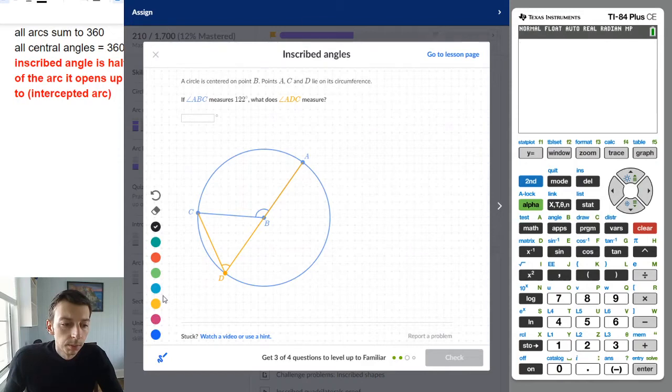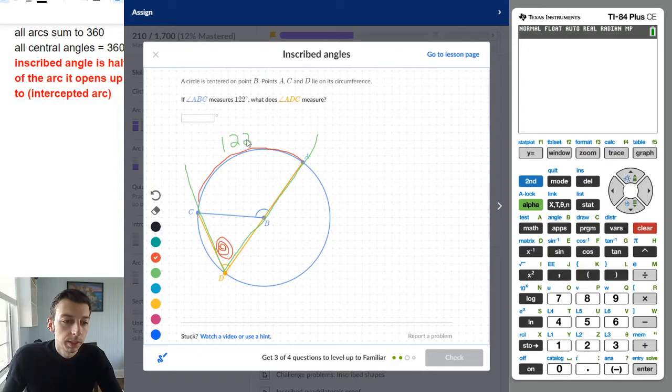So I should be able to draw on this for you. Again, when you look at what this opens up to, if you extend this angle, this arc right here is what is 122. So this angle down here that we're looking for should be half as much as 122. Because again, if you look at this angle, it opens up to this arc, which is 122.